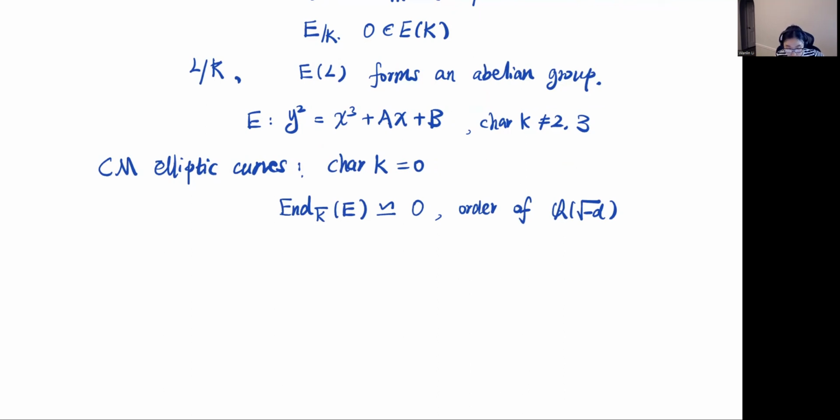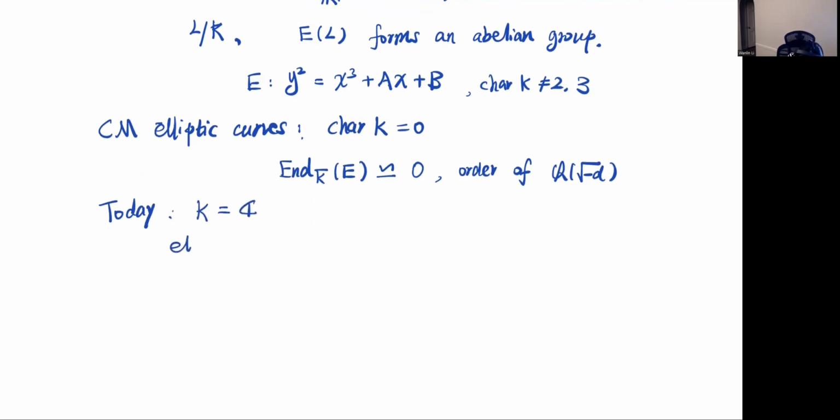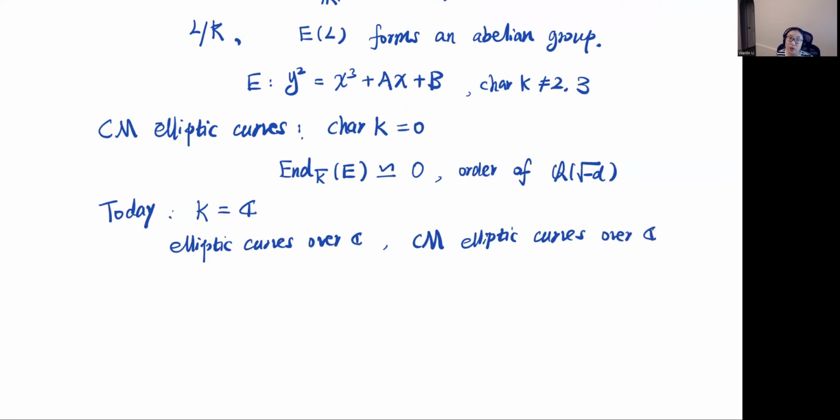So today, what we're going to do is work over C. We're going to take my field K equal to C, and we're going to study elliptic curves over C, and moreover, CM elliptic curves over C. Today we are going to give you a way to think about how to construct elliptic curves over C, how to eventually parameterize all elliptic curves over the complex numbers, and also how to explicitly construct CM elliptic curves.